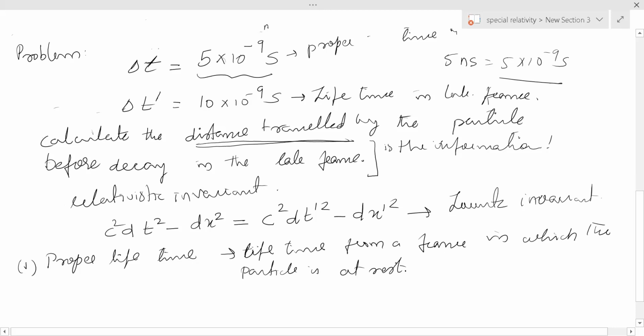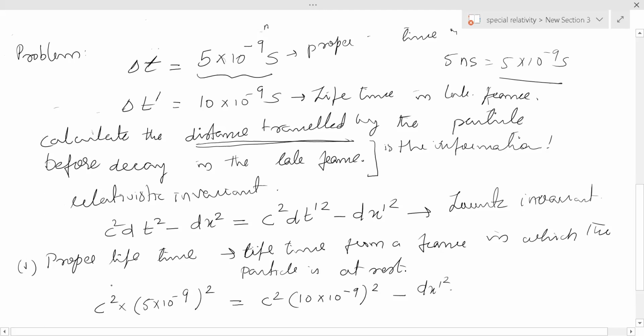You see that in that frame, the particle just decays. The particle is at rest and it doesn't move, so delta x, or dx, is 0 in that frame. So we just use this equation: c square multiplied by dt, 5 into 10 raised to minus 9, squared, is equal to c square dt prime square minus dx prime square.